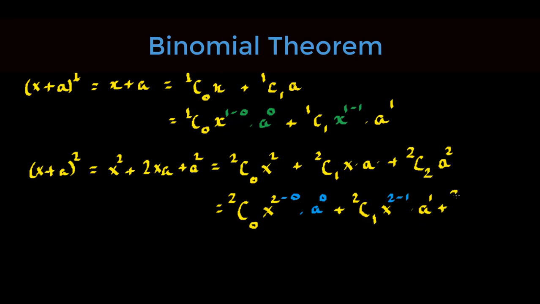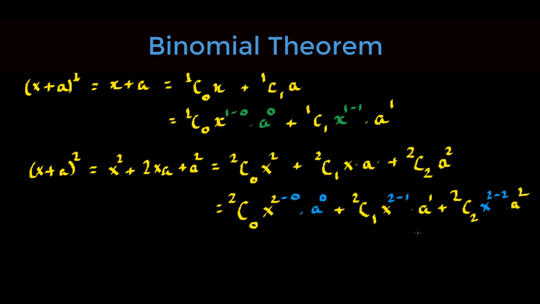Plus for the third term, 2c2. There's no x here, but I'm going to write here instead x raised to 2 minus 2 times a squared.